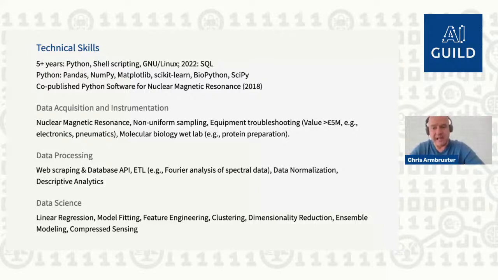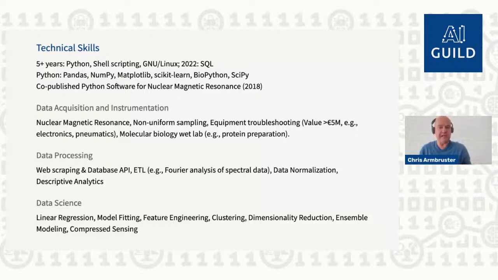And then above that, under data processing, for example, it says web scraping, database, API, ETL, okay, data normalization, descriptive analytics. So the point is, you give key concepts, you substantiate those key concepts by showing skills that you have, tasks that you've done, methods that you use, and you're relatively specific about them.